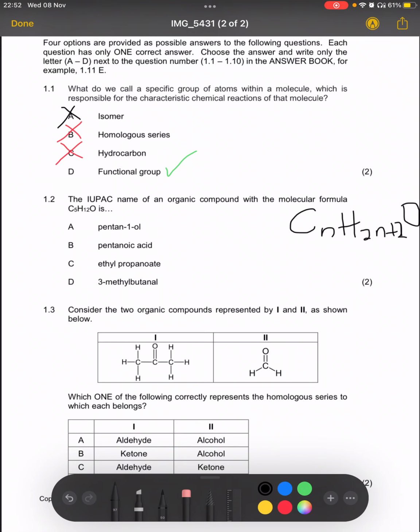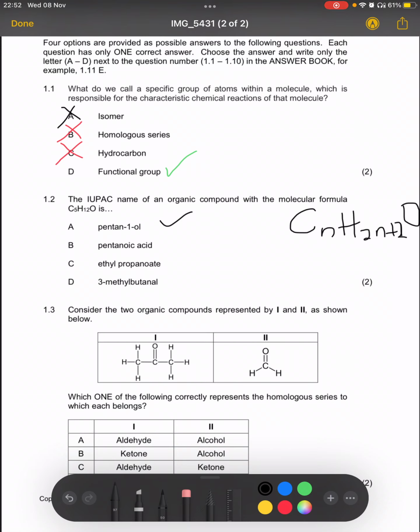The answer to that would be, this is an alcohol. It has a similar general formula as an alkane, but it has an O as an extra atom. And the only one that would be the closest to correct is this alcohol, which is option A.